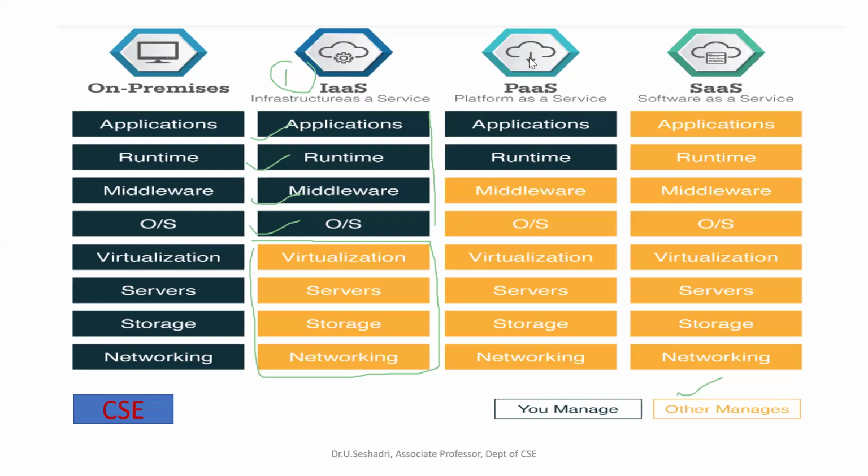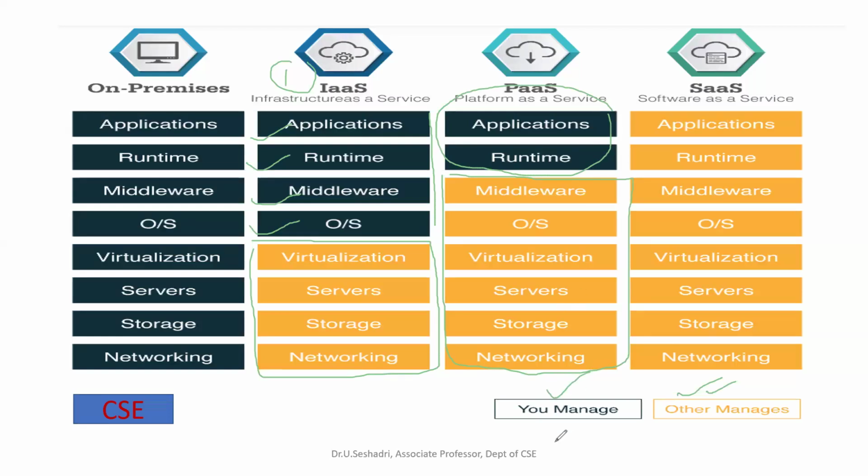Similarly, if we are using another cloud delivery model, platform as a service, up to this, you need not worry about networking, storage, servers, virtualization, operating system, and middleware. Others will manage it. Only your part is the runtime and the application, which we have to manage.